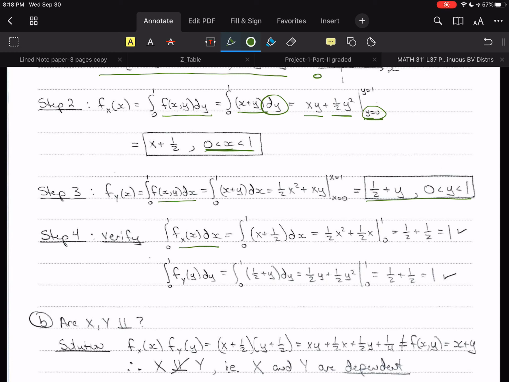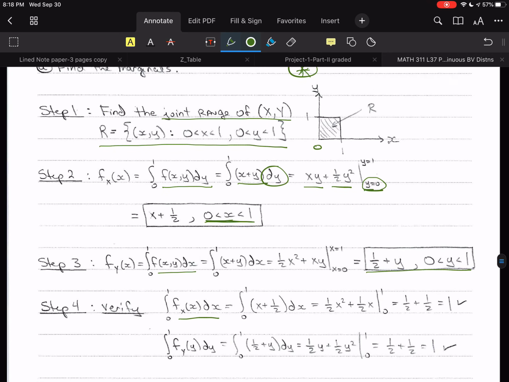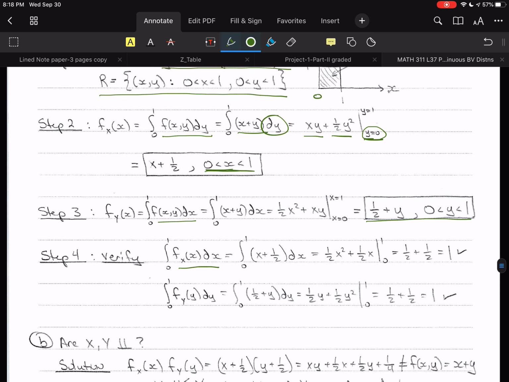Now, are x and y independent? When I look at f of x, y, remember, it is equal to x plus y when it's defined. And there's no way that you can take this and make it a product of two functions, one of only x and one of only y, that I'm aware of.